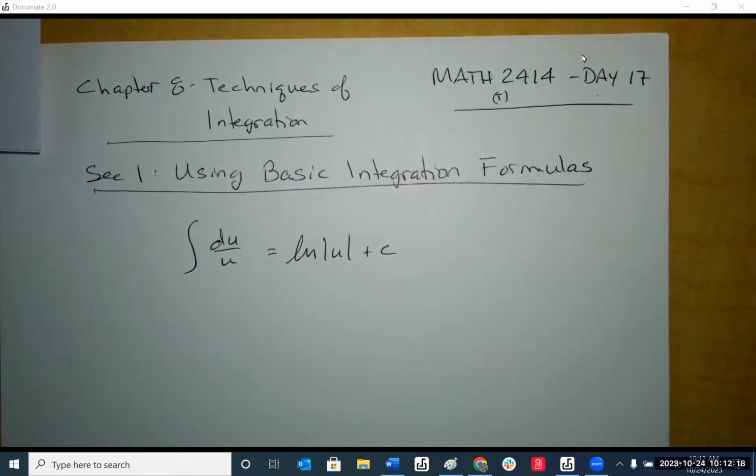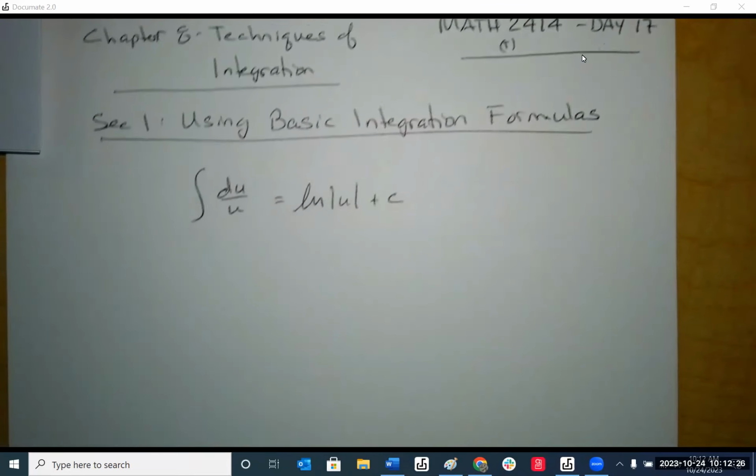But we're going to see in here today that it won't be that simple all the time. We're going to have to use algebra, trigonometry, and rational rules from algebra to fix these equations so that we can make them fit, make them work.